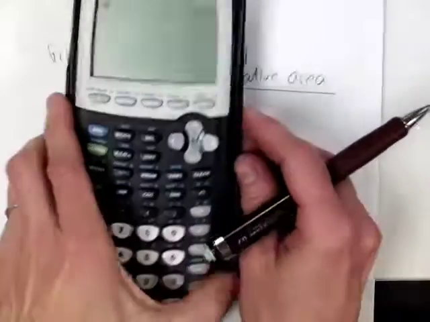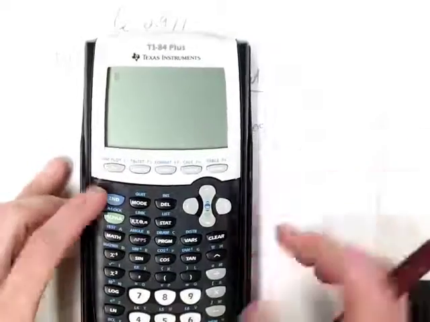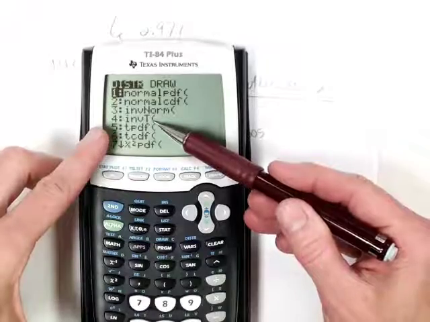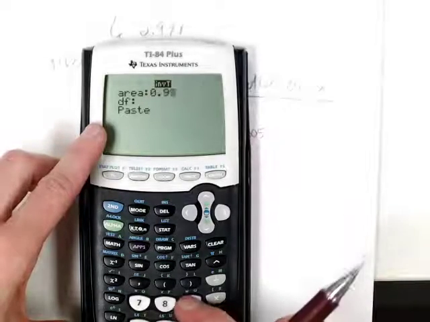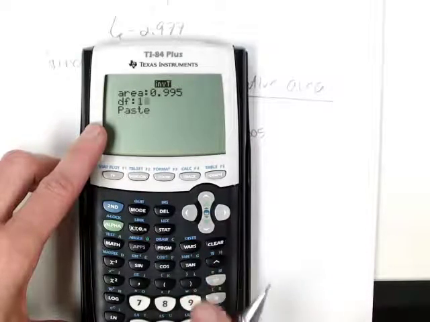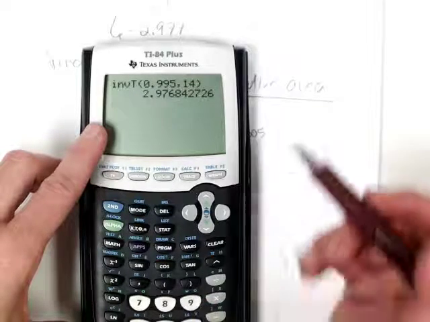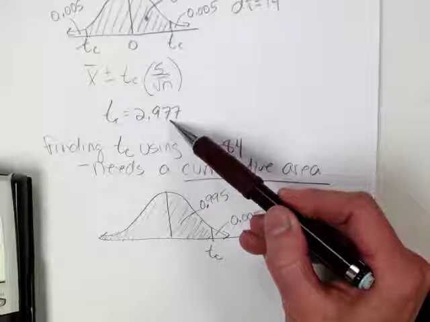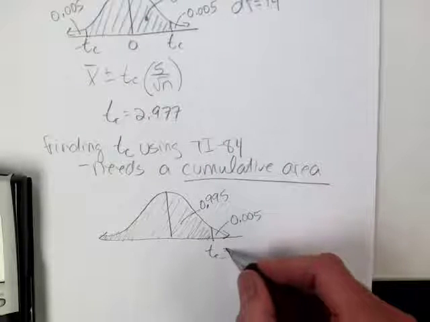To get that, I want to go to my distribution option on my calculator, and on mine, it's option 4, inverse t. It's expecting a cumulative area and the degrees of freedom. So we get 2.9768. Now, if we look back at using the table, rounding to the nearest thousandths, that's about the same value I got.